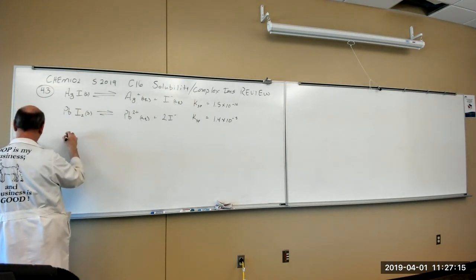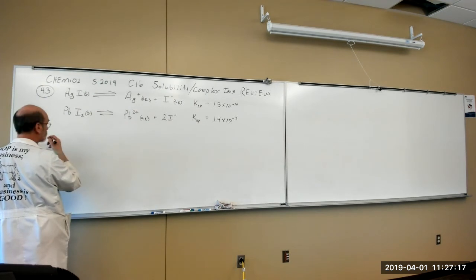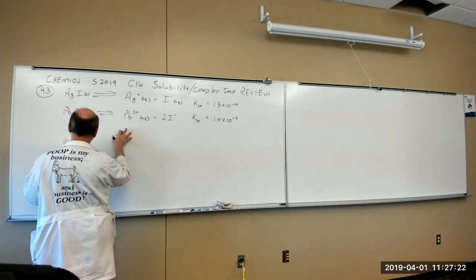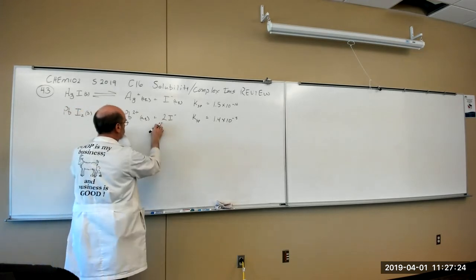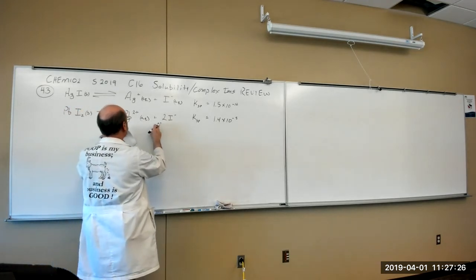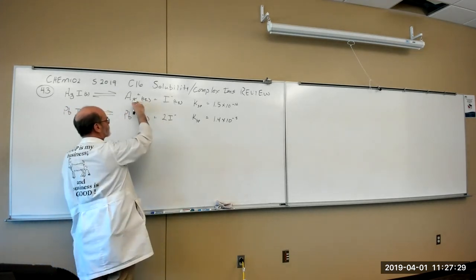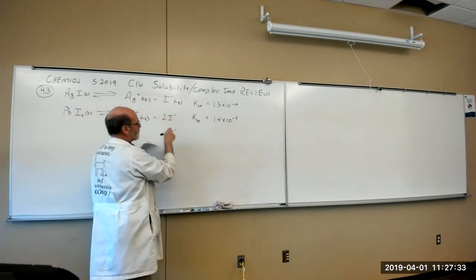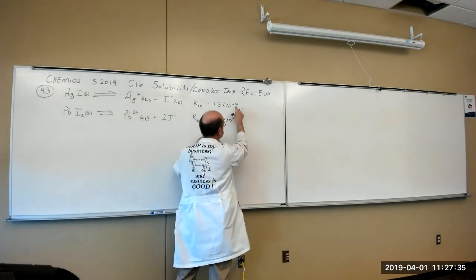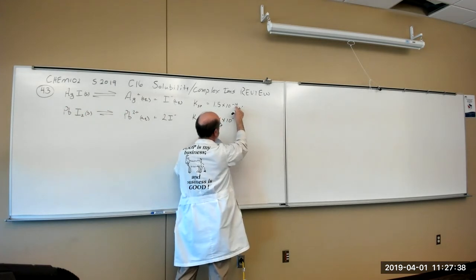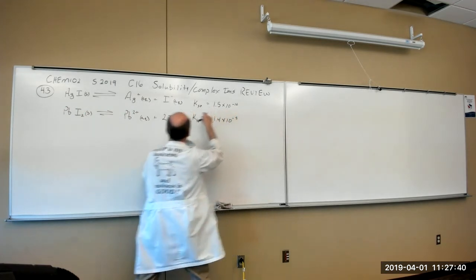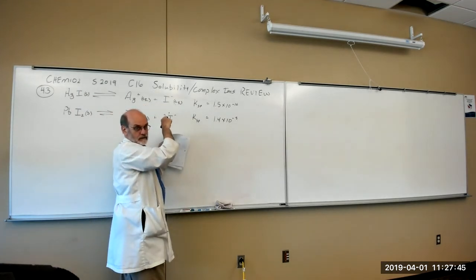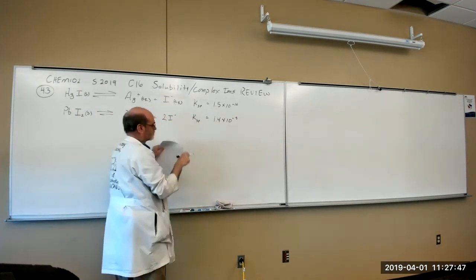So our starting point here is the point at which all of this has been used up. Because as you add iodide, the first one that's going to precipitate is this one because its KSP is lower. So as you add iodide, this one gets it first. Okay?